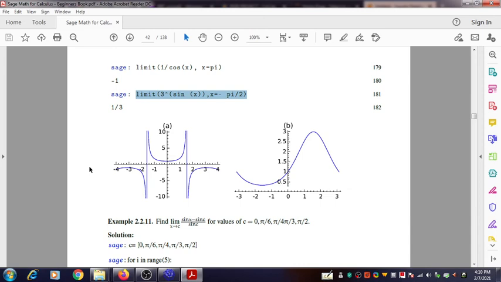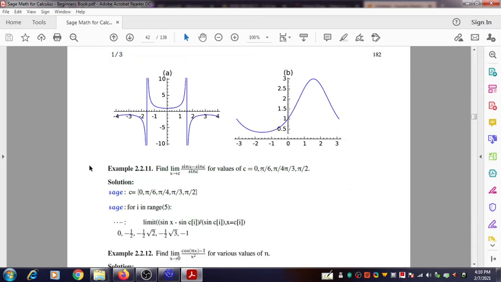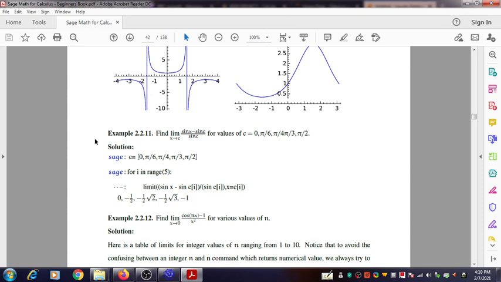And simultaneously you can take the limit value at a set of points actually. For that, you can see the use of that.